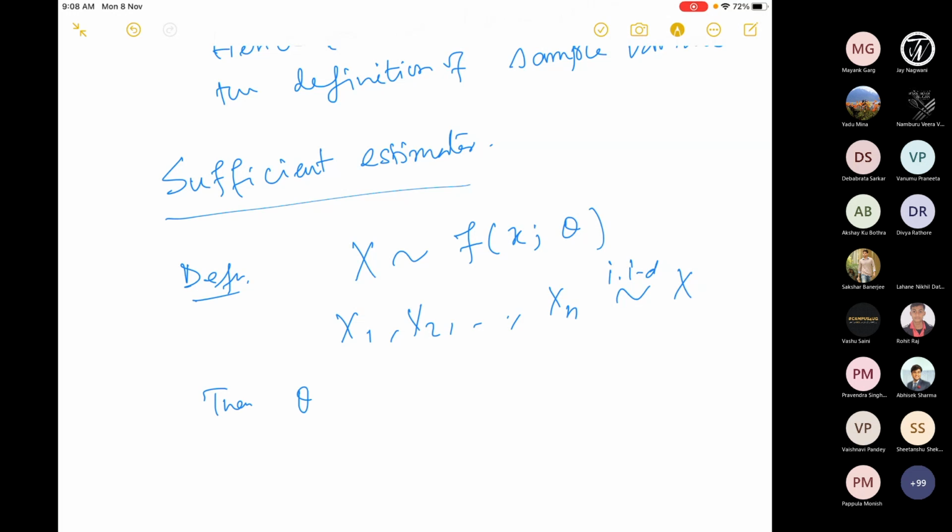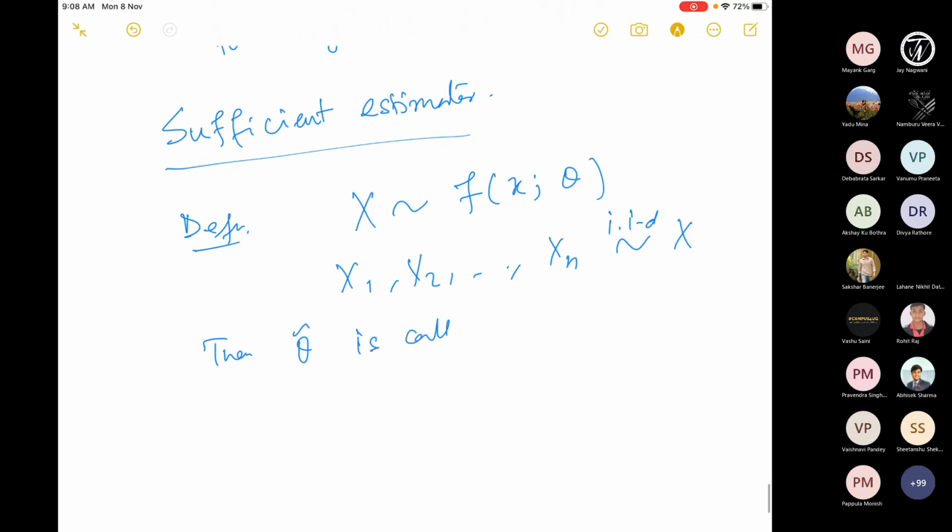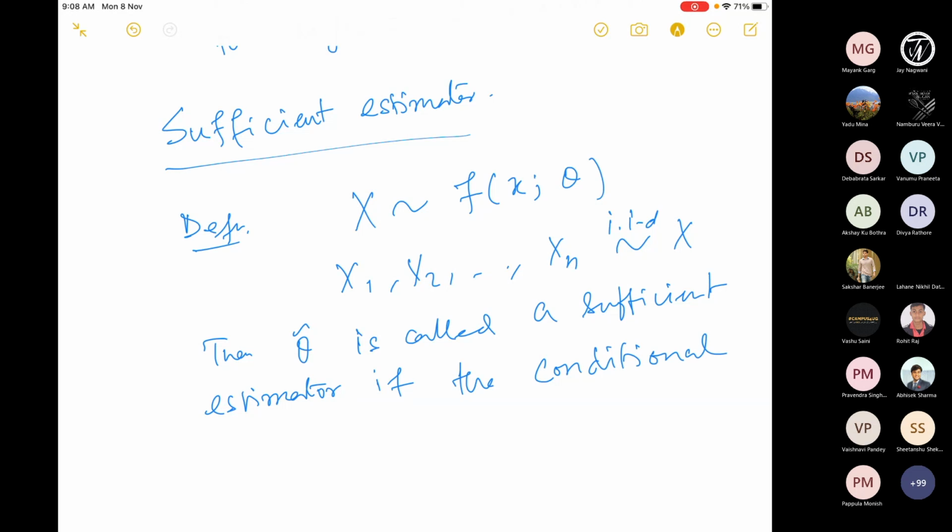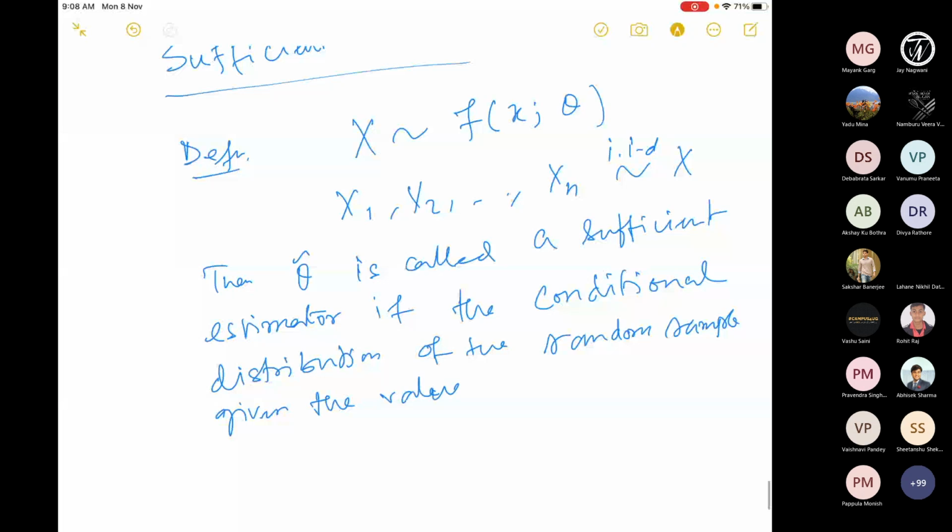Then theta hat is called a sufficient estimator if the conditional distribution of the random sample, given the value of theta hat, does not depend on theta.